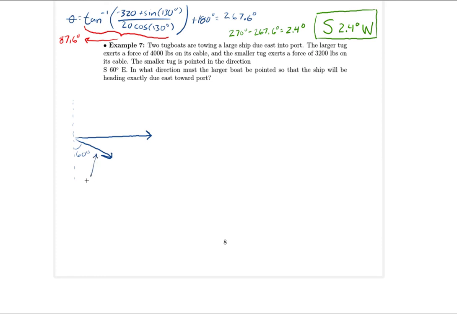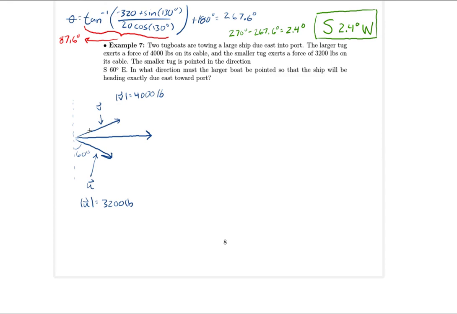So then the idea here is, okay, and we know that this one, let's call this one U. So we know that the magnitude of U is equal to 3,200 pounds. So the idea here is that I want another vector, and we'll call this one V. I know that this V has a magnitude of 4,000 pounds, but I don't know what direction it's pointing in.